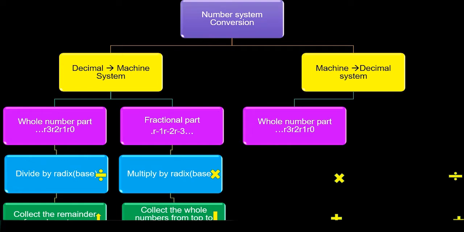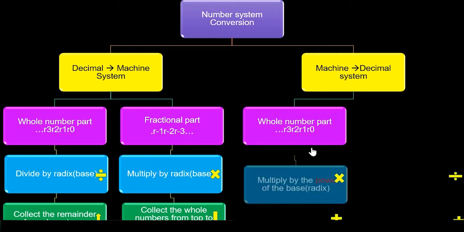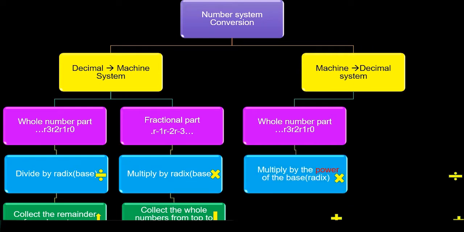In the whole number part, we multiply the number by the power of the base, that is 2 power 0, 2 power 1 for binary, or 8 power 0, 8 power 1 for octal, or 16 power 0, 16 power 1, etc. for hexadecimal. Then we add up the values you got, and that is the final answer.